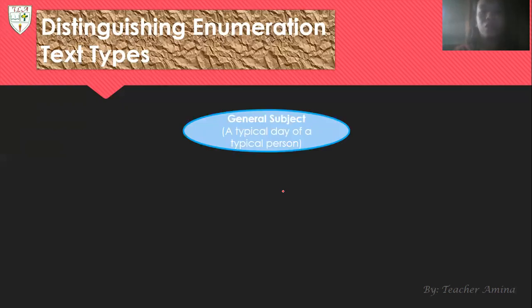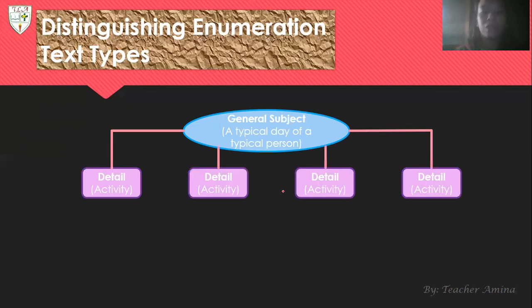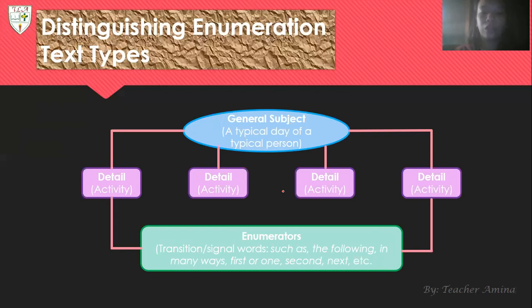Okay, so first on top will be the general subject. Next, below it, we'll connect the details from that enumeration text type. And lastly are the enumerators, the ones that I encircled a while ago.